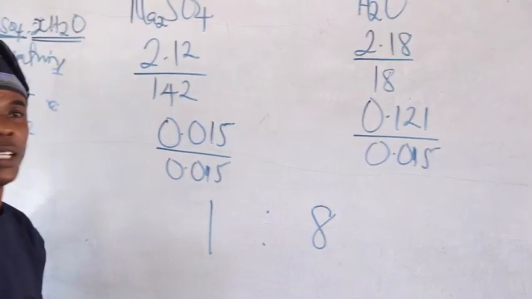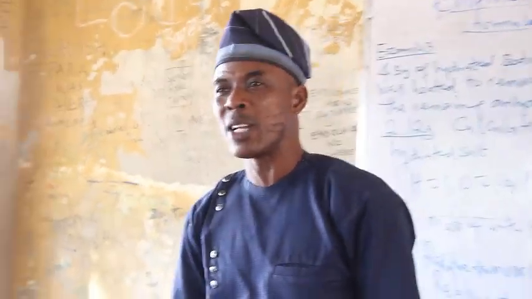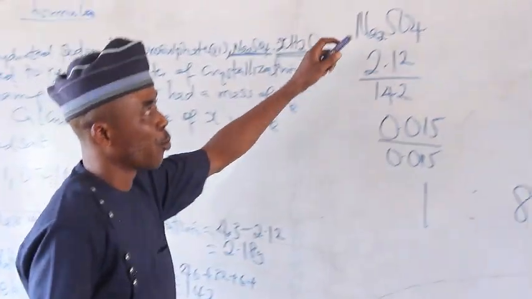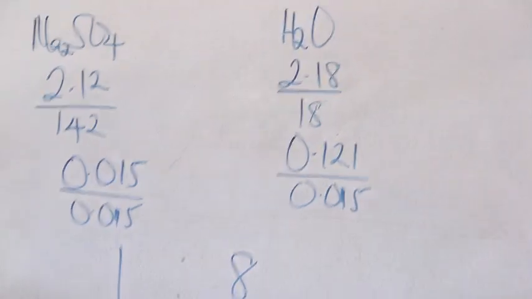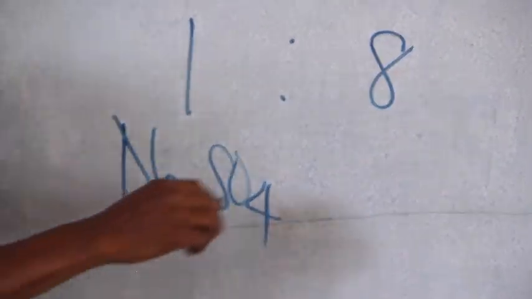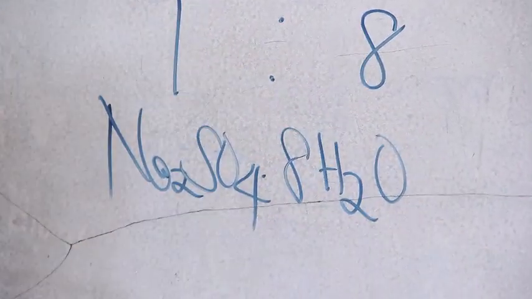It means if we want to find the formula of the hydrated salt, the ratio of the anhydrous salt to water of crystallization is 1 to 8. That means 1 mole of anhydrous salt, Na2SO4, will combine with 8 molecules of water of crystallization.